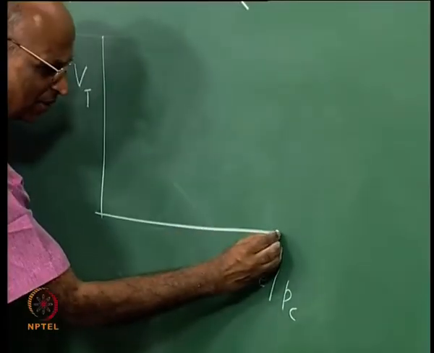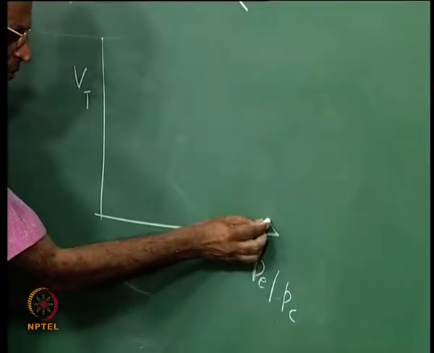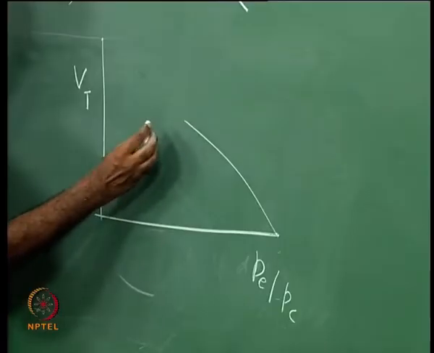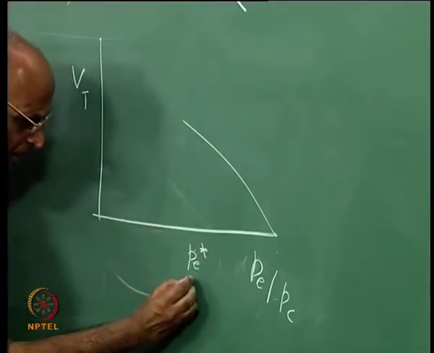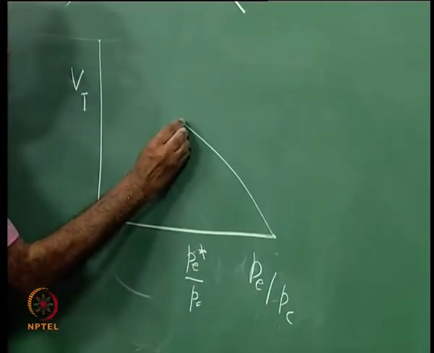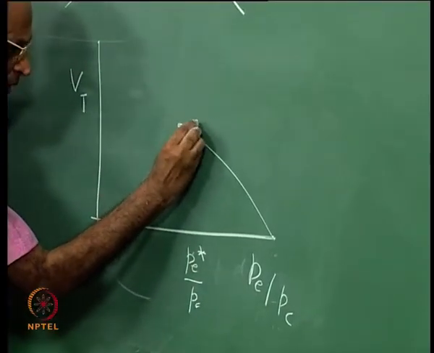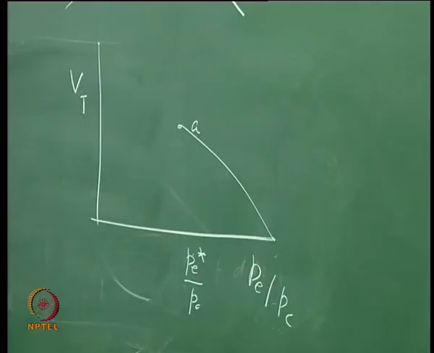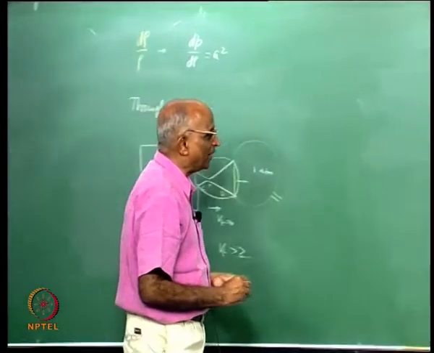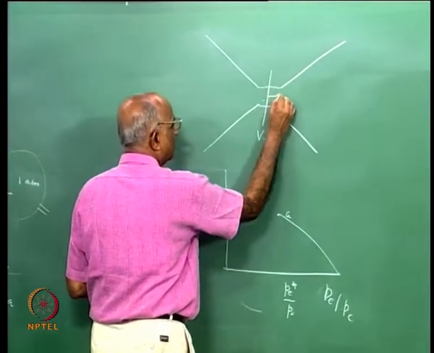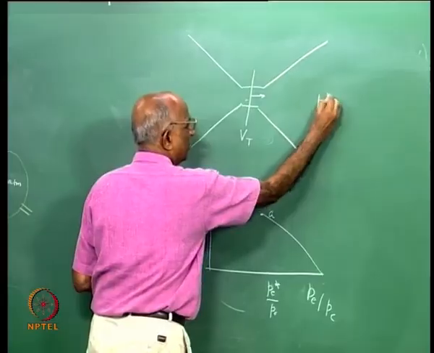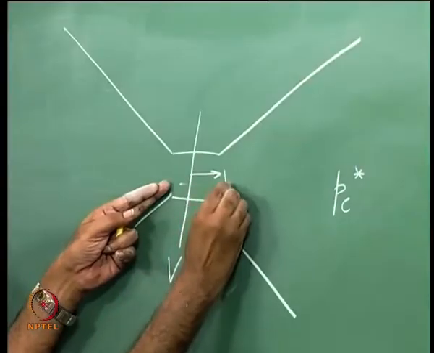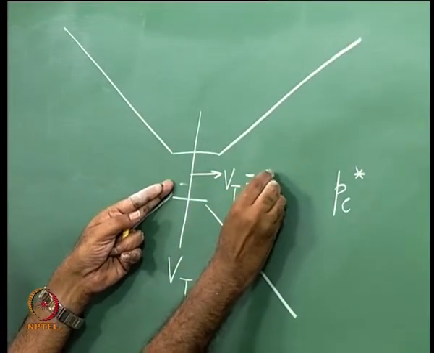What I find is initially it is 1, velocity is 0, and the velocity keeps increasing till for a given value of PE star by PC, the value here is equal to the sound speed at the throat. What is the implication of this? Now what I find is that when I have reduced the pressure to PE star, the velocity at the throat is equal to the sound speed.